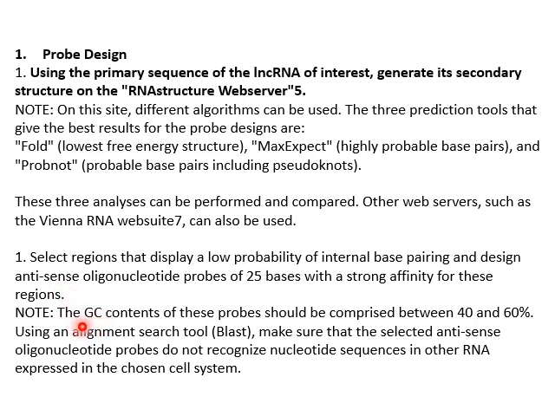We have to note that the GC content of these probes should be between 40 and 60%, using the alignment search tool BLAST. We will show you how we can manage this percentage. We have to make sure that the selected antisense oligonucleotide probes don't recognize nucleotide sequences in other RNAs expressed in the chosen cell system.